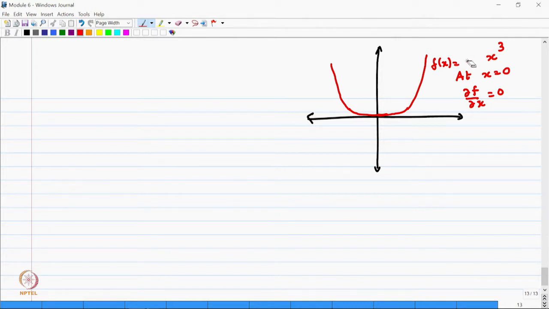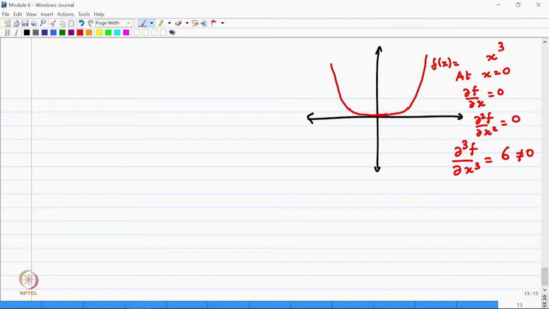So, at x equal to 0, dou f by dou x is equal to 0, dou square f by dou x square equal to 0, and dou cube f by dou x cube equal to 6, not equal to 0. This is at x equal to 0.